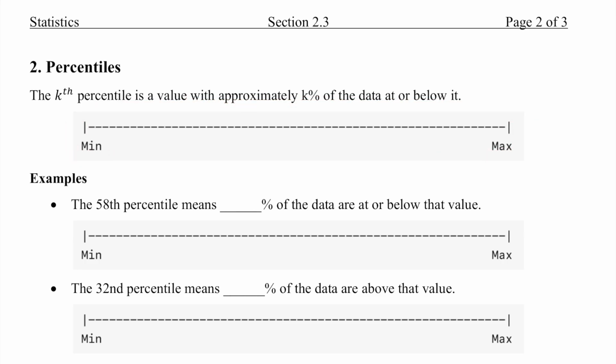The 80th percentile is right here. Approximately 80% of the data are at or below this value, and about 20% of the data are above this value.